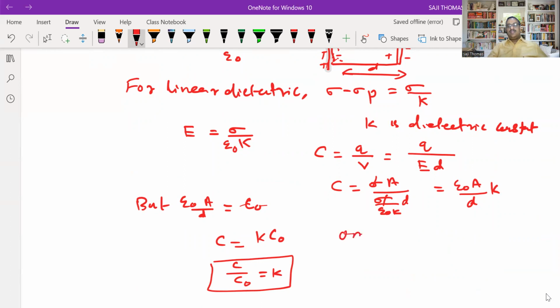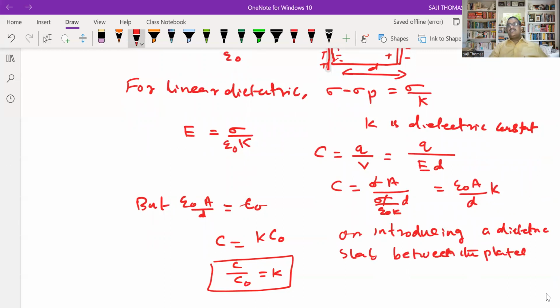So on introducing a dielectric slab between the plates, capacitance increases by K times.